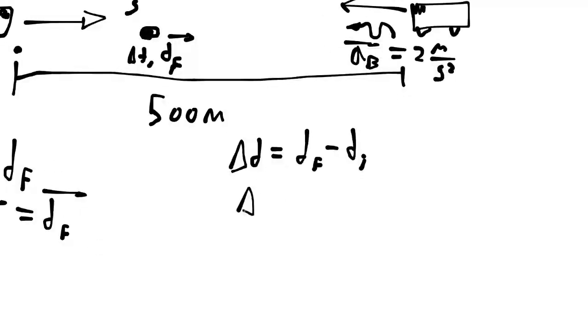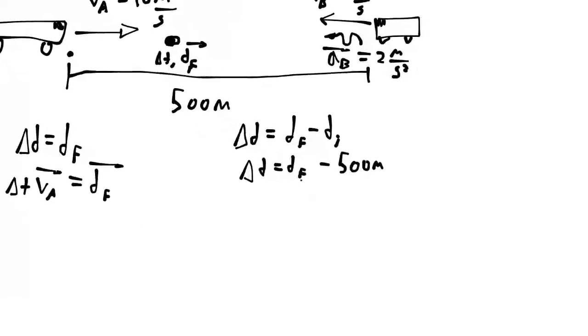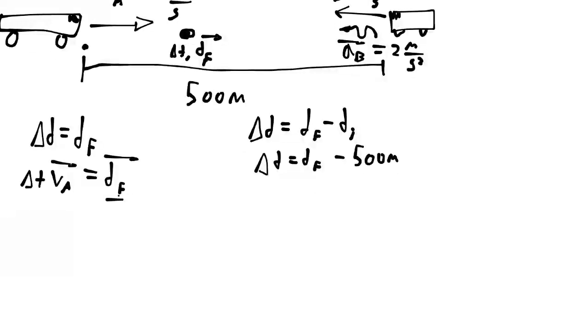So delta D equals DF subtract 500 meters. Then you're just going to rearrange this because again you want the final position on one side.